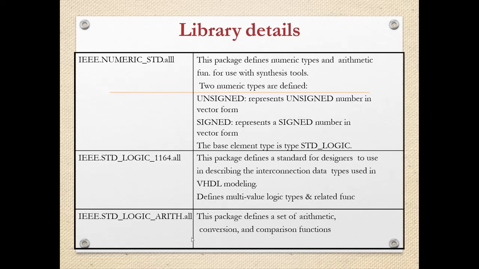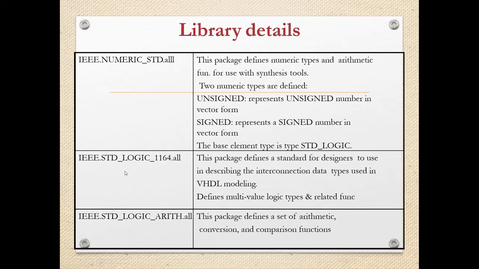Then there is one standard library which we will be using more frequently, that is IEEE.std_logic_1164.all. This package defines a standard for designers to use in describing the interconnection data types used in VHDL modeling, and it defines the multi-valued logic type and related functions.